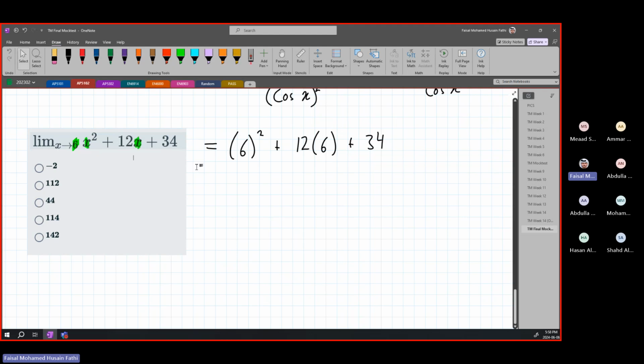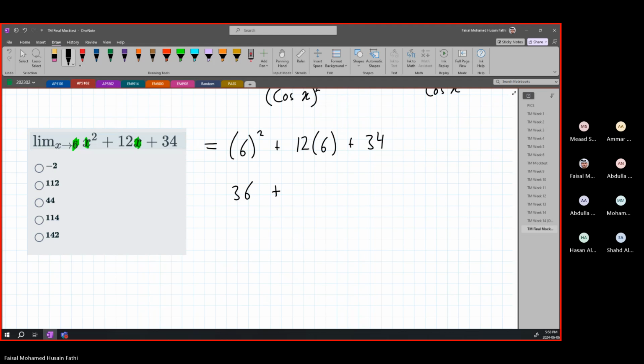If there is no denominator and it doesn't go to 0, you can directly just substitute the value. So in this case, it's going to be 36 plus 12 times 6, which is 72, plus 34, which is equal to 142. So this is your answer.